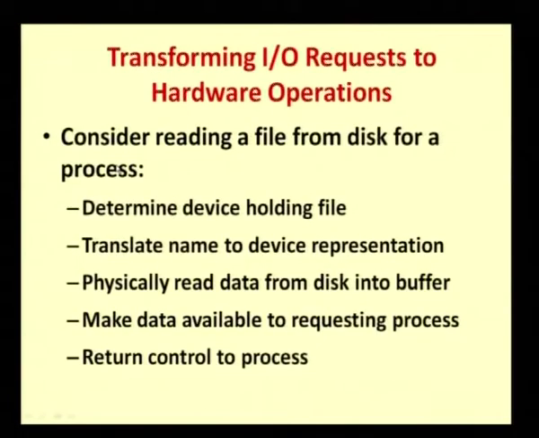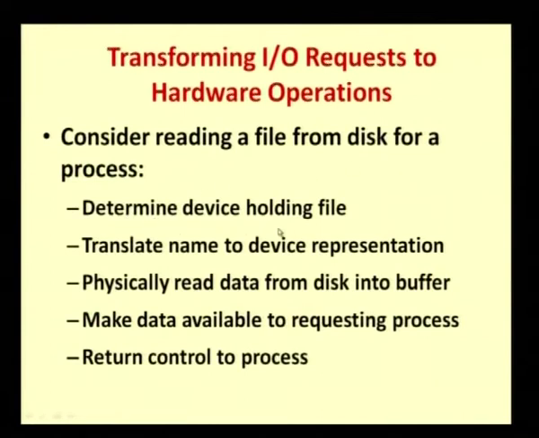Now let us see how this IO request gets transformed to a hardware operation. That is our next topic. Here let us consider reading a file from disk for a process.